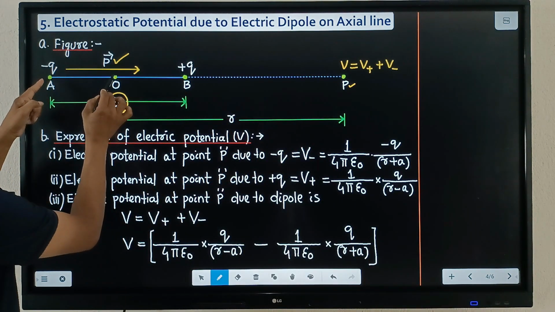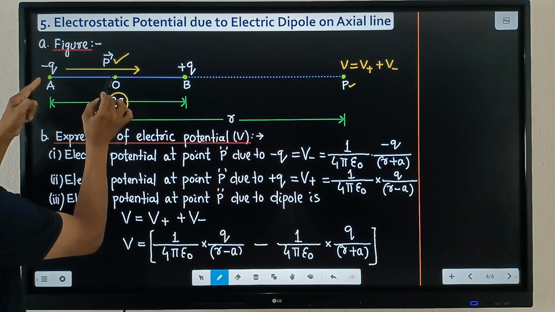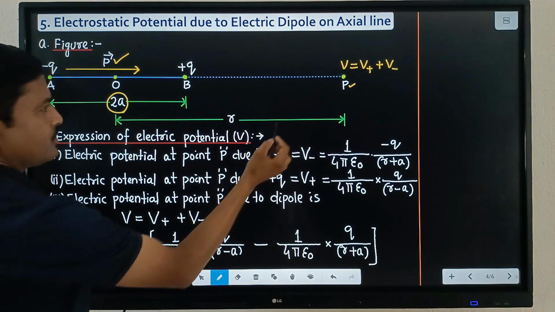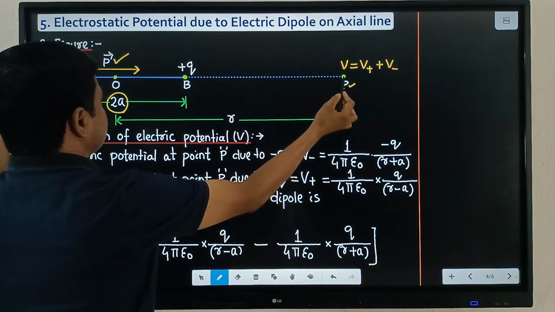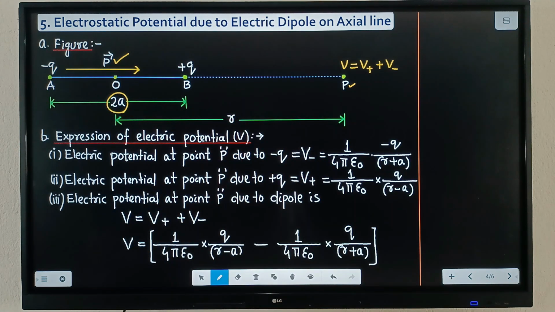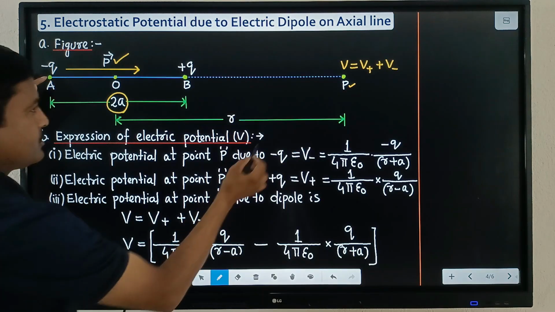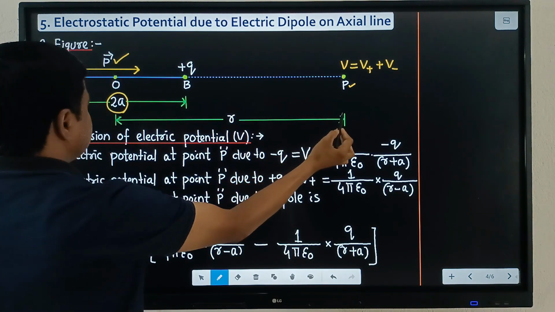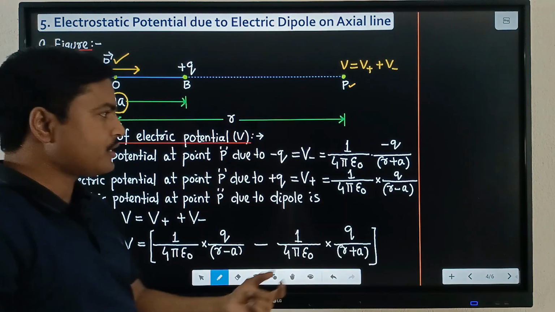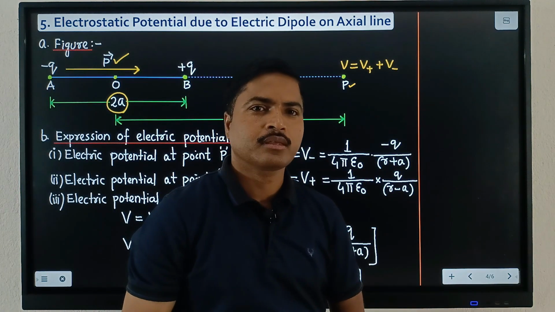Then A to O, this distance is a. That means from the minus q charge up to the observation point, this distance is r plus a.